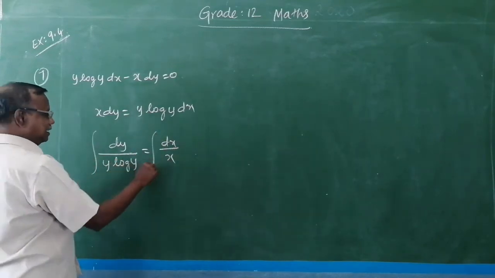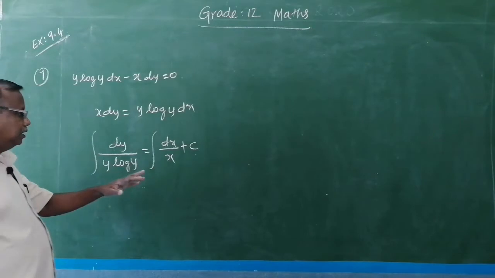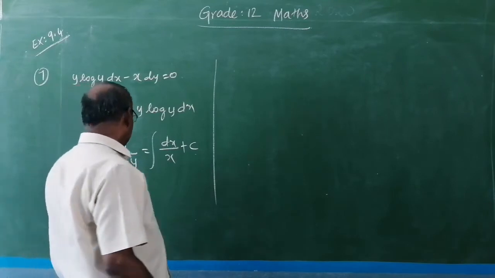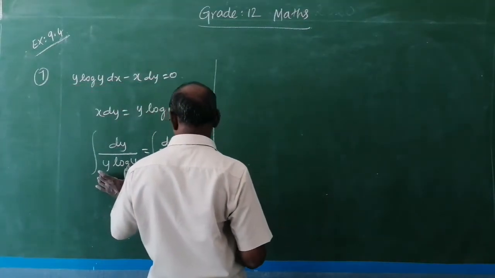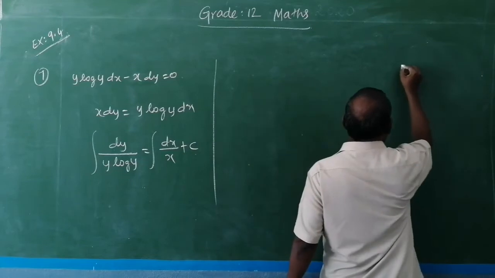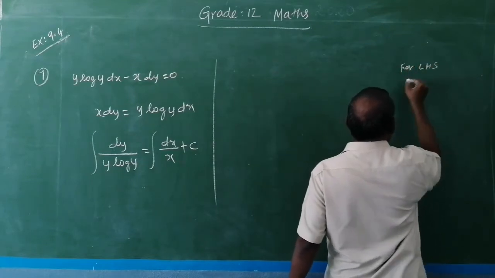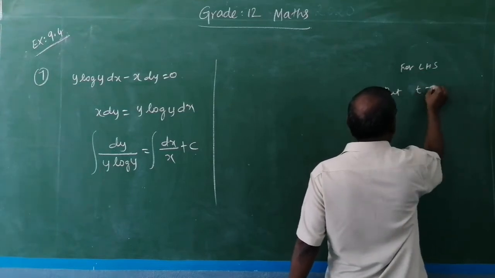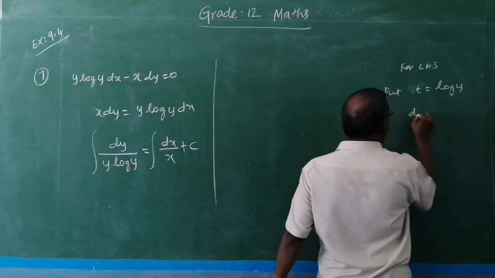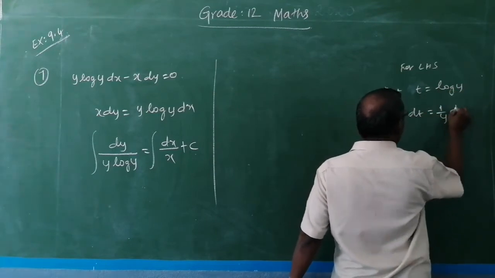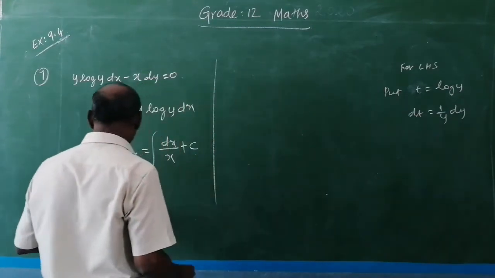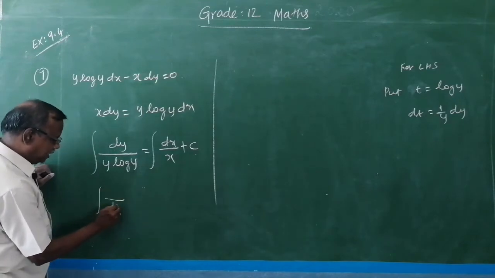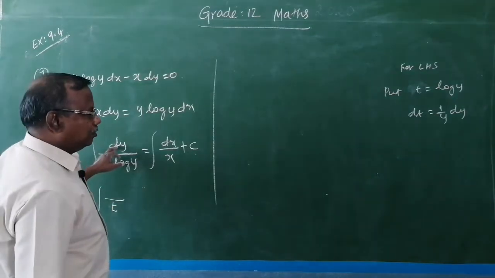Now integrating on either side, we have the integral of dy/(y log y) = the integral of dx/x + c. For the left side, put log y = t. So dt = (1/y) dy. Substituting here, 1/log y means 1/t, and (1/y) dy = dt.